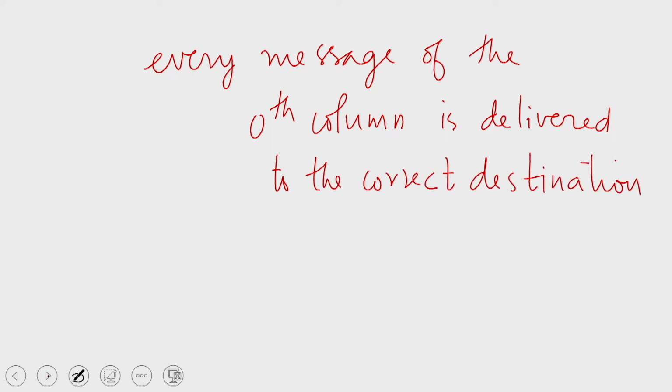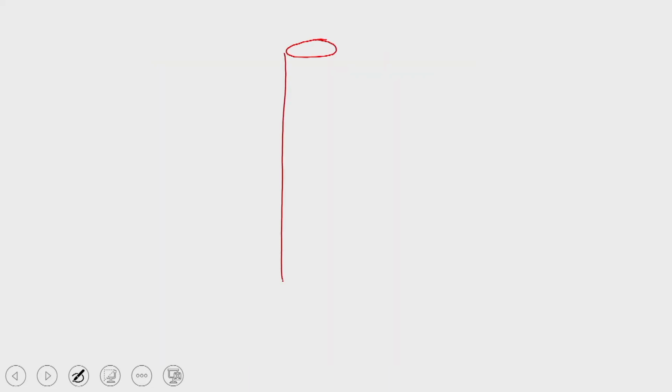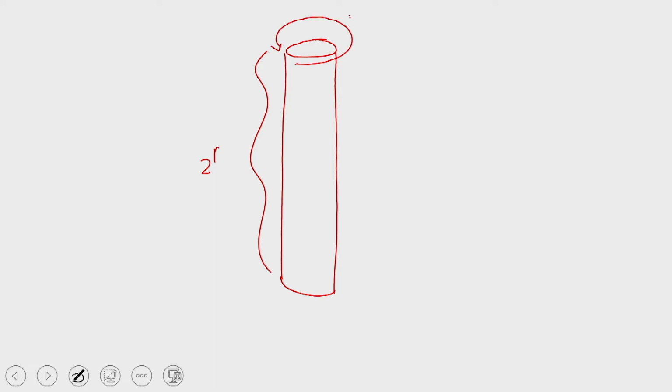Now you should remember that a wrap butterfly is in fact a rather tall cylinder. It has a height of 2^r, whereas this is only r. Therefore, the time taken for 2 revolutions is order of r.